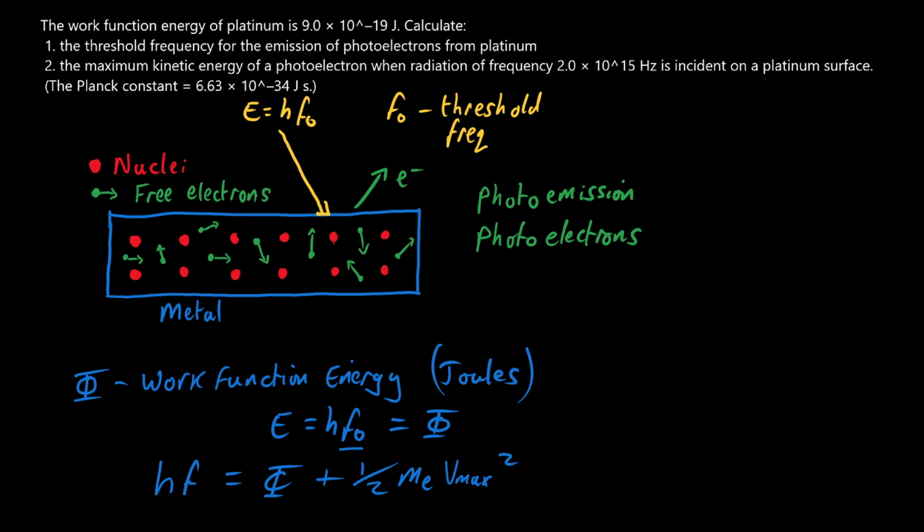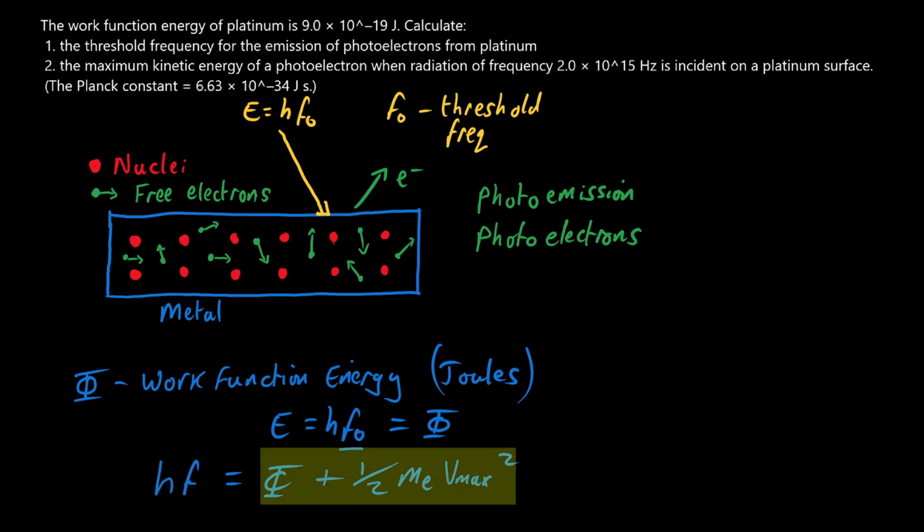And here we see the conservation of energy in effect. In other words, the total amount of energy coming in from the photon here is equal to the final amount of energy of this photoelectron that's been emitted.